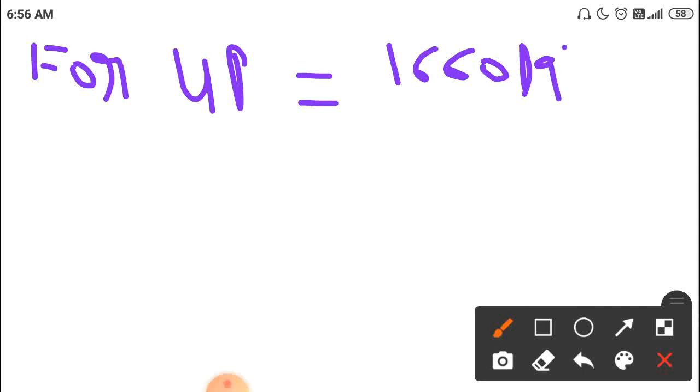For UP, it is equal to 1660 lakh divided by 2 lakh.